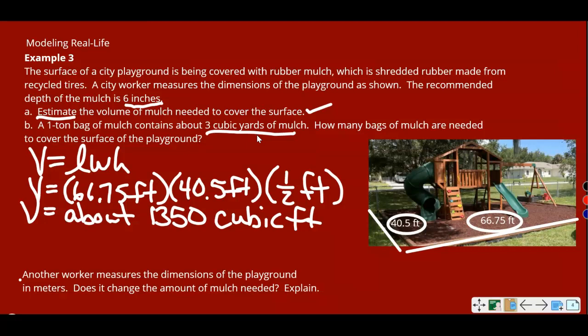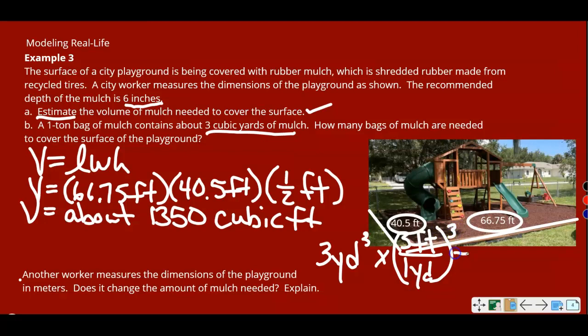So let's start with what we know: we have 3 yards cubed. 3 cubic yards is how much one bag contains. And we know that there are 3 feet in 1 yard. So let's do 3 feet over 1 yard. And we're doing cubic feet, so it's going to be cubed.